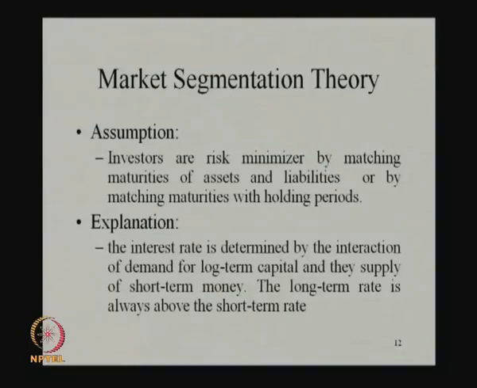Why is the segmentation made? The segmentation is made because all investors want to minimize their risk to get a certain amount of return. That is why they always match their time period with the certain goals or objectives they are going to achieve.